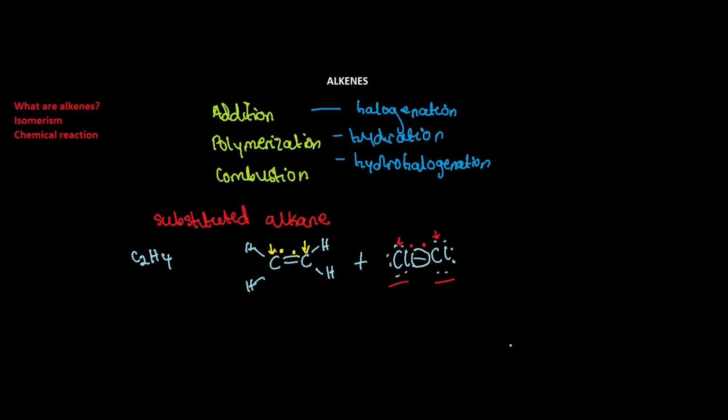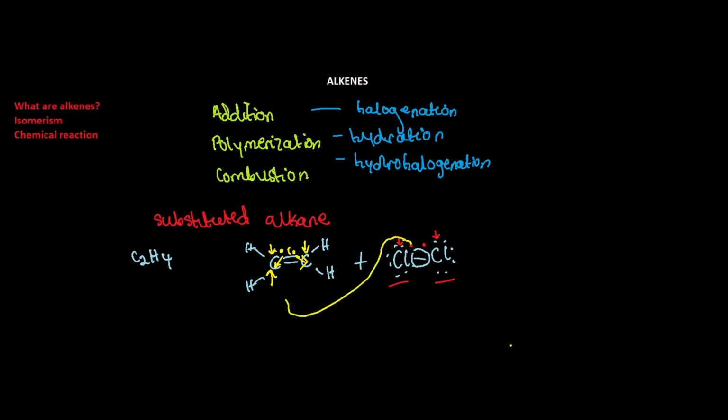Now, in order to break this bond, we can imagine that these carbons individually retract the shared electron. So this carbon takes its electron and this carbon takes back its electron, but not to itself.